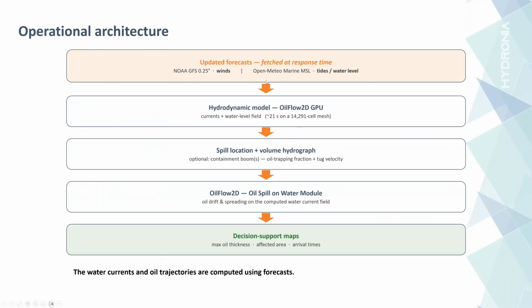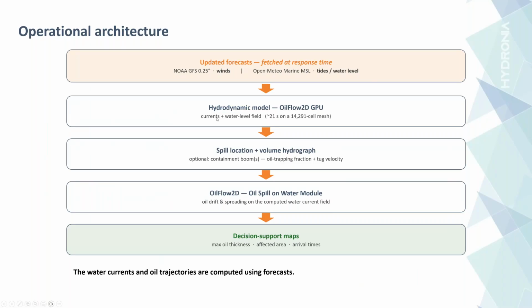Then once you have that, the model will download the information, process that in the format that the RiverFlow2D and OilFlow2D models require, and then you can perform the simulation with the hydrodynamic model.